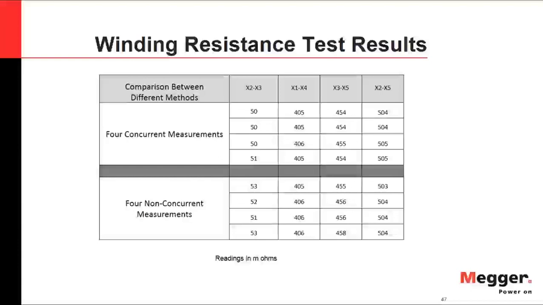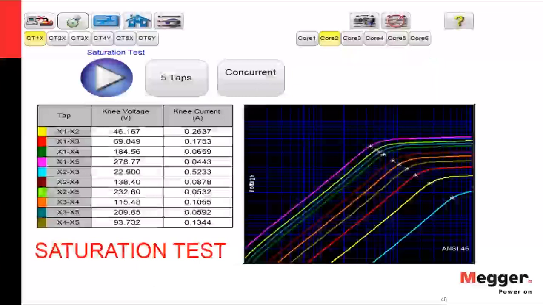On the saturation test, again, you can clearly see here the response of all the taps and all the sections of the secondary of our CT, from X1 all the way up to X5, including all the interwinding measurements.